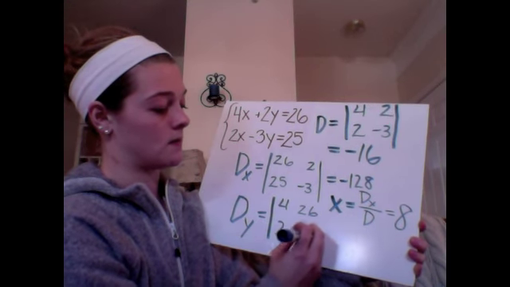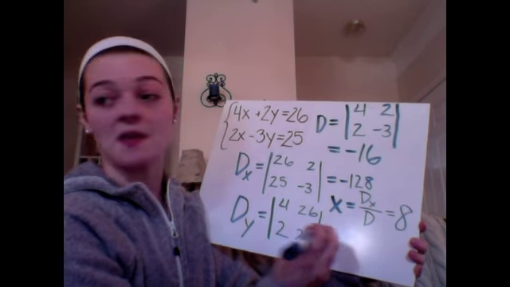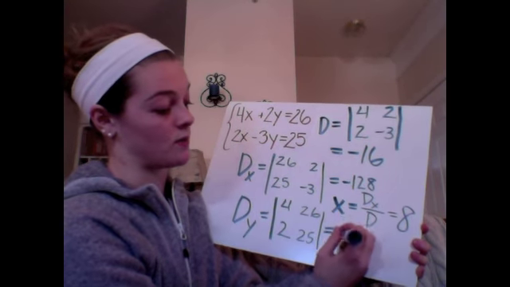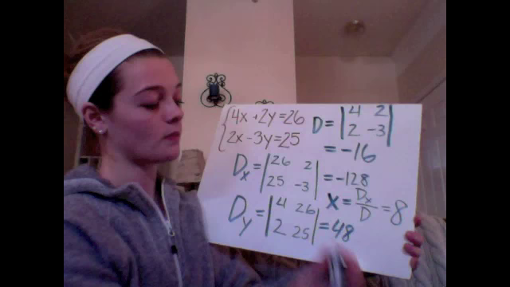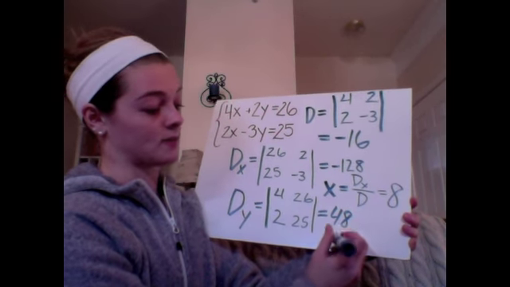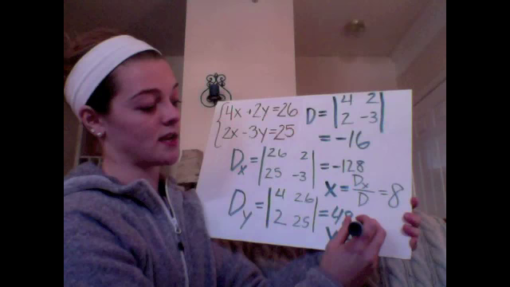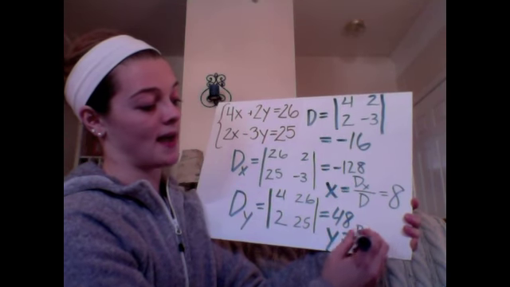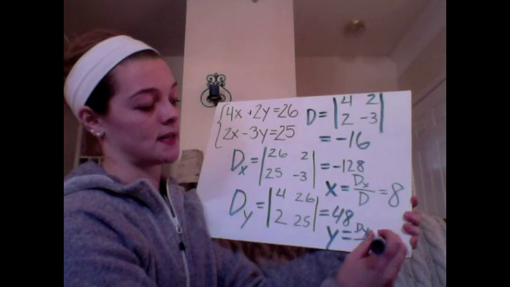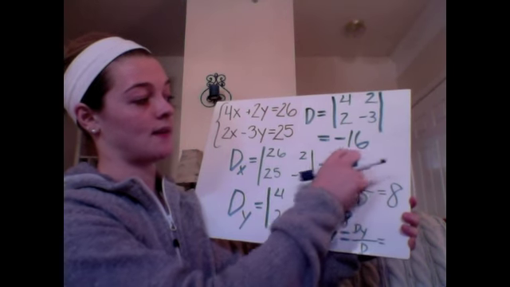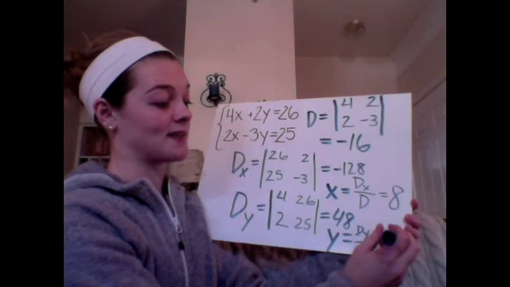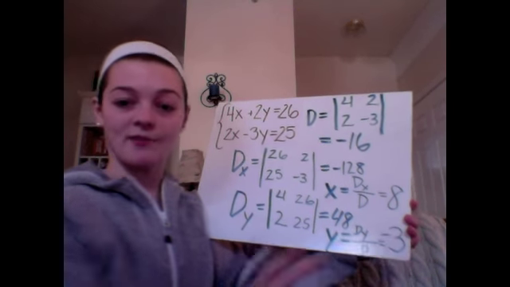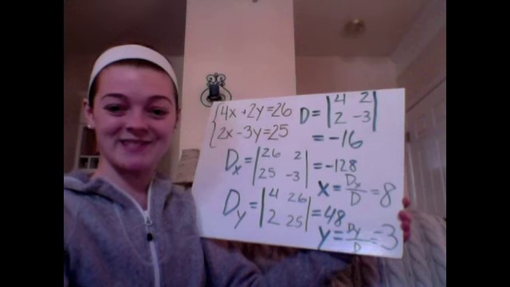If you calculate that determinant, you find that it is equal to 48. And just like with x, y is equal to the determinant Dy divided by the determinant D. So 48 divided by negative 16, and you get that y is equal to negative 3. There are your solutions.